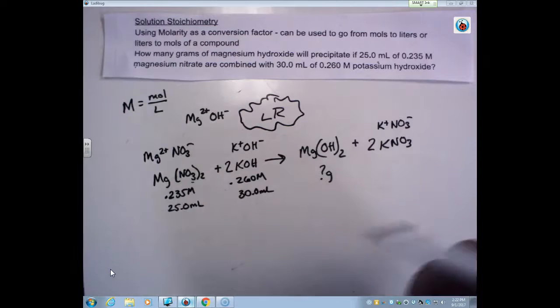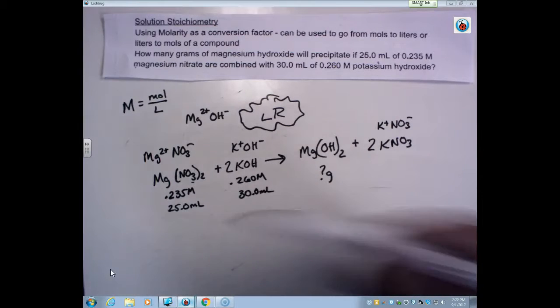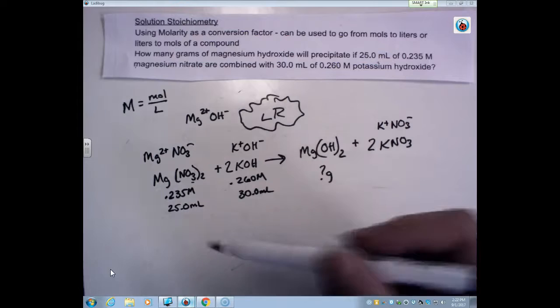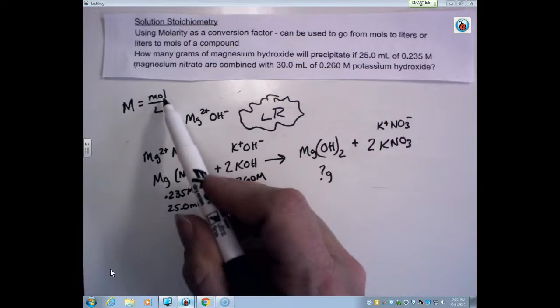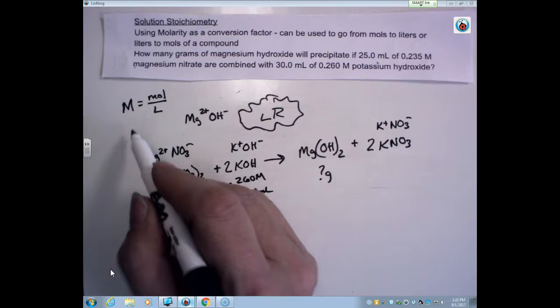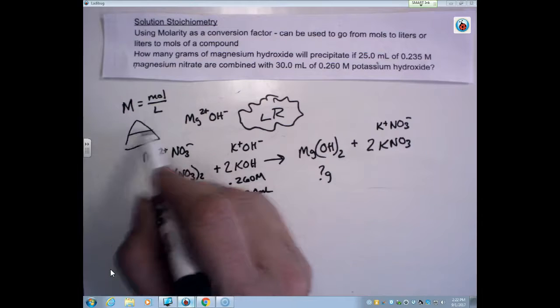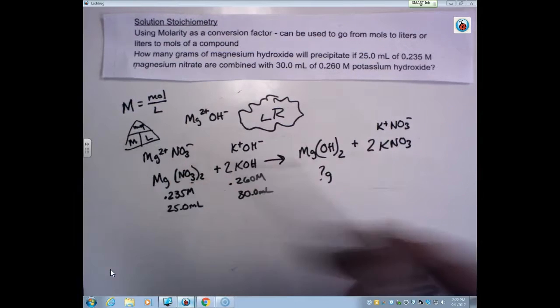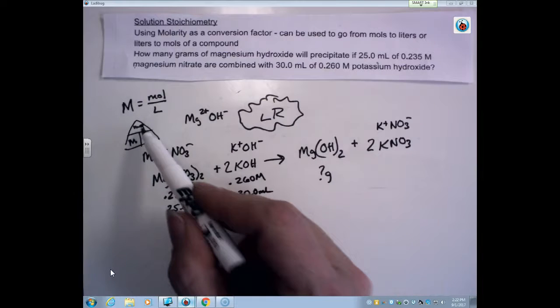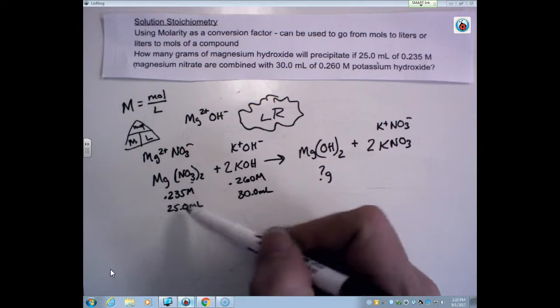Okay, so here we don't have grams, but what we can very easily find from this are the number of moles. And in honors chem, we use the little triangle, and molarity is moles over liters. So if we're looking for the moles of these, if you take molarity times liters, you're going to get your moles.